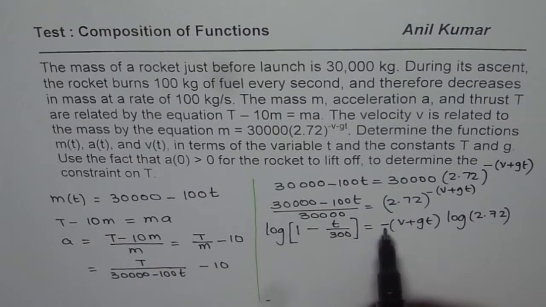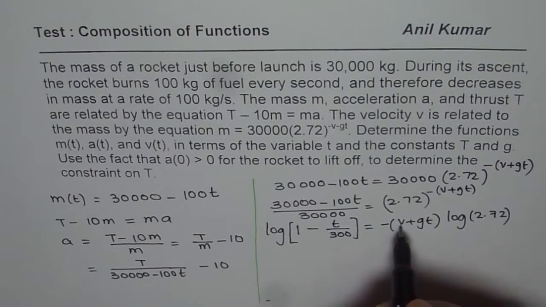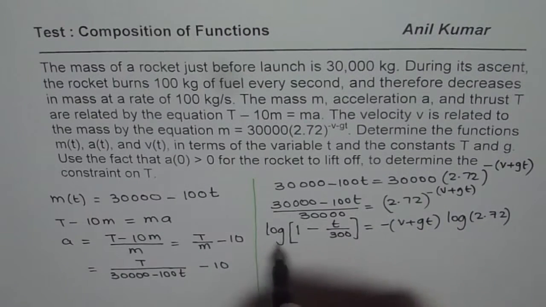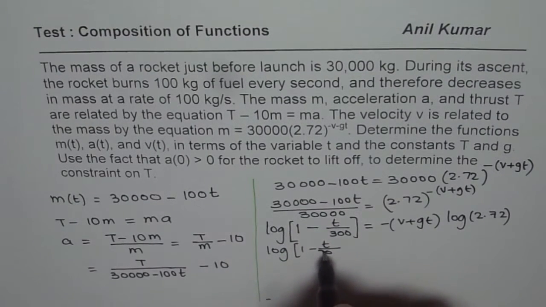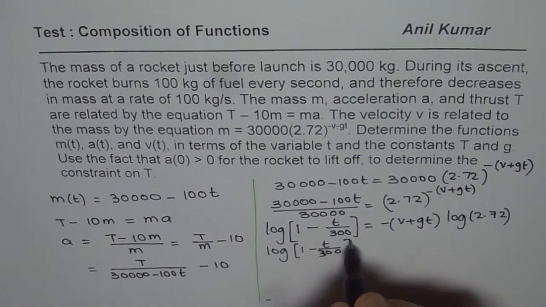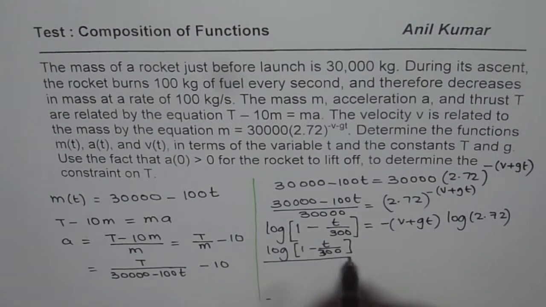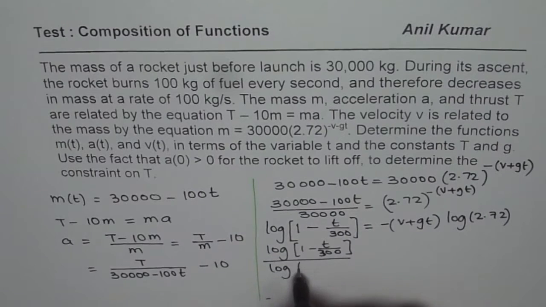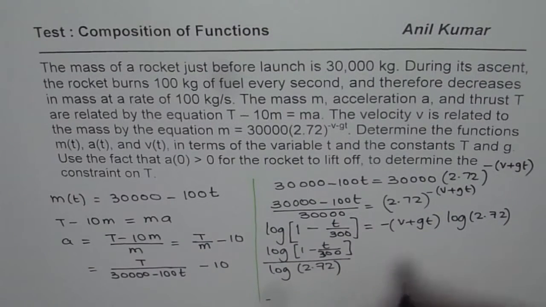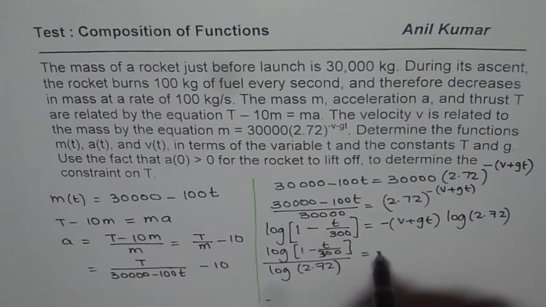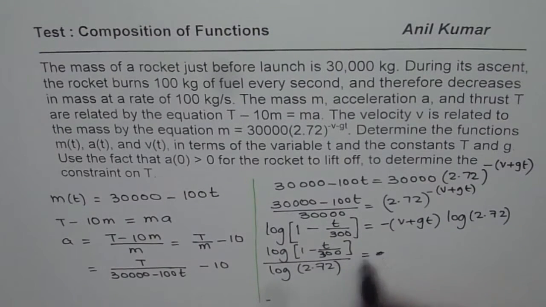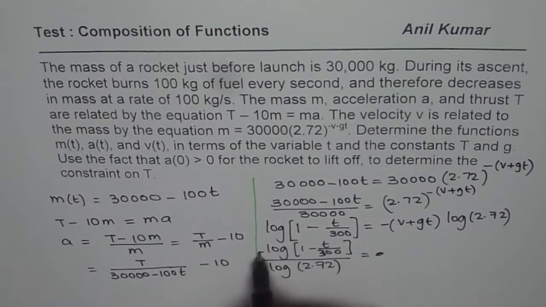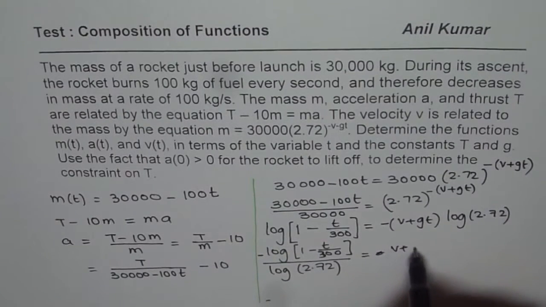And this minus, and then take away gt. So we can now write v, let me do it in two steps. We'll do this as log of (1 minus t over 300) divided by log of 2.72 equals minus of (v plus gt).